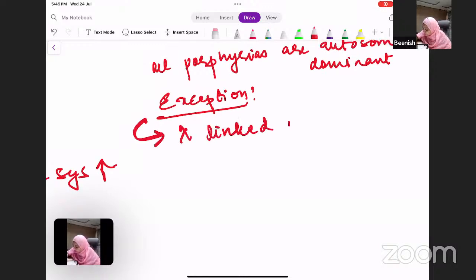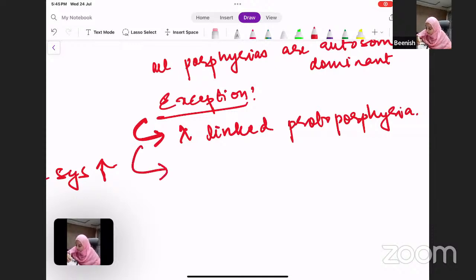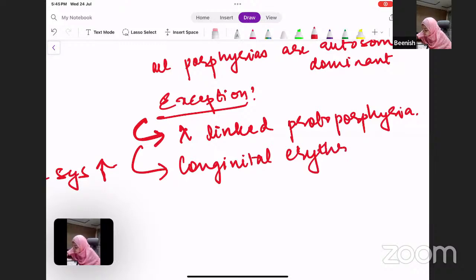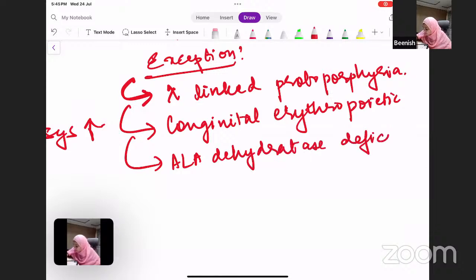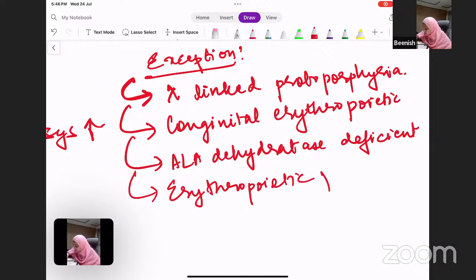The exceptions are X-linked protoporphyria, followed by congenital erythropoietic porphyria, then ALA dehydratase deficient porphyria, and then erythropoietic porphyria.